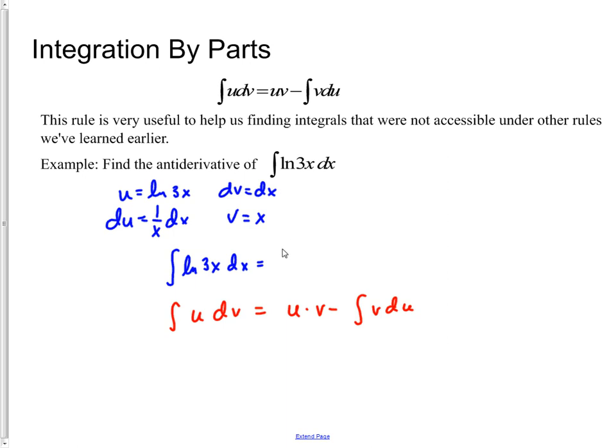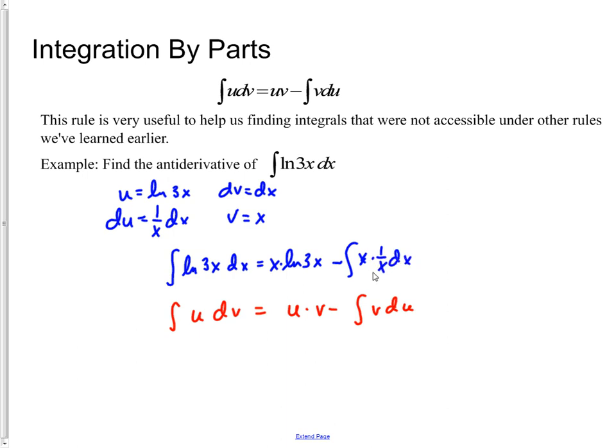So we take u, the natural log of 3x, times v, which is going to be x. I'm going to put that in front so I don't get mixed up with what's inside, minus the integral of v, which is x, times du, which is going to be 1 over x dx.